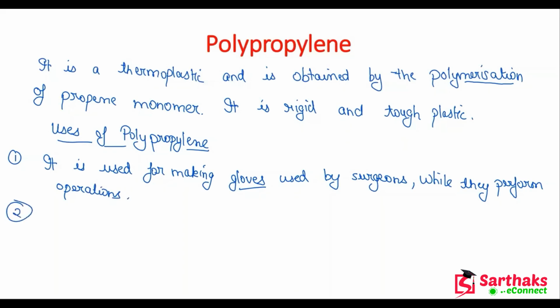The next use of polypropylene is that it is used for making fishing nets.